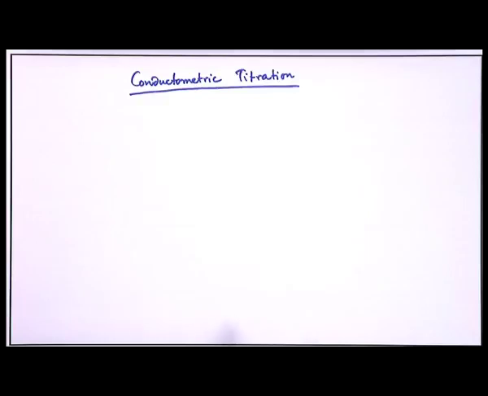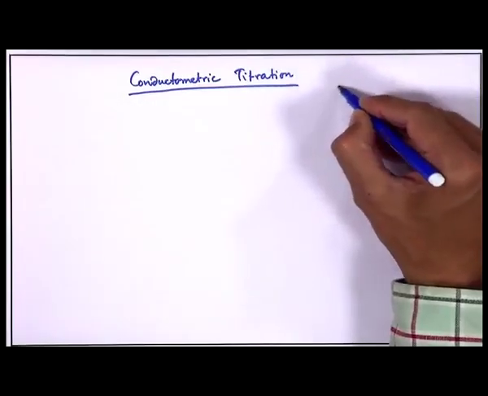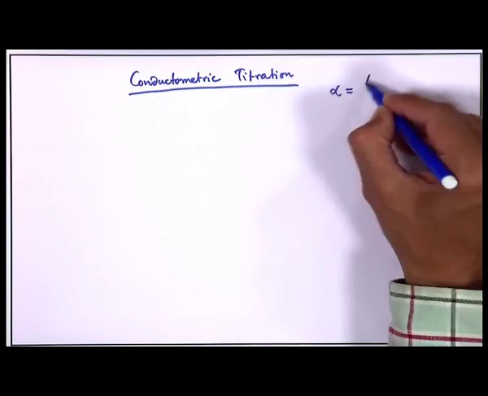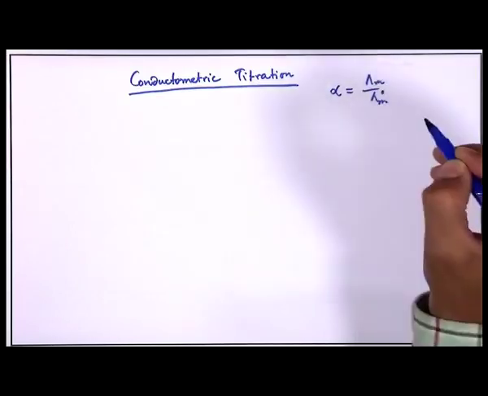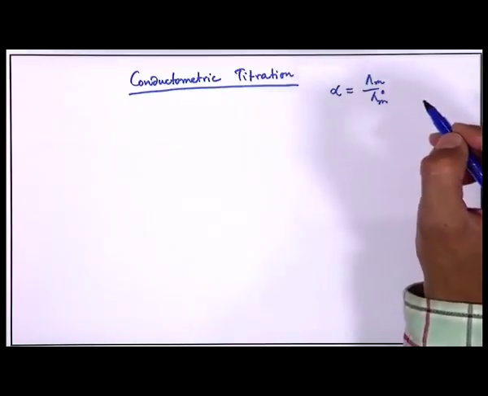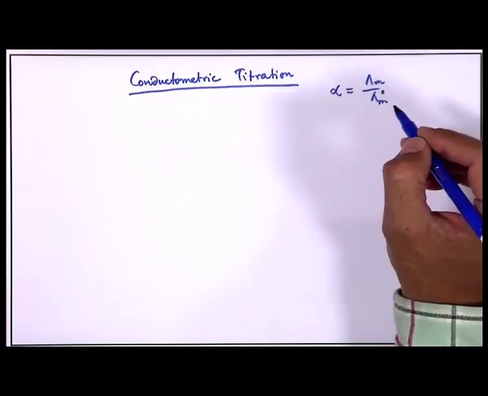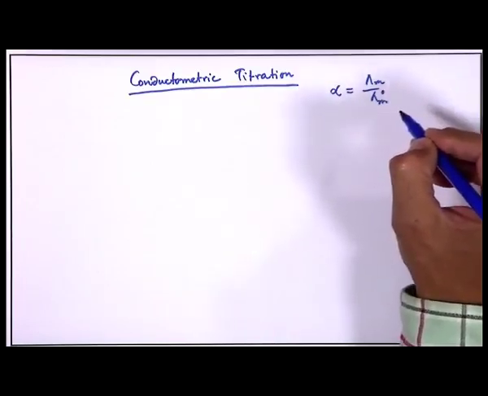One application I already explained to you is to find out the degree of dissociation, that is lambda m by lambda m 0. From this value you can find out the degree of dissociation of a weak electrolyte, because for a weak electrolyte direct determination of these quantities through graphical extrapolation was not possible.